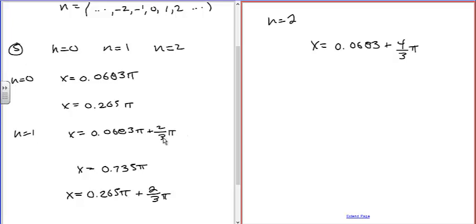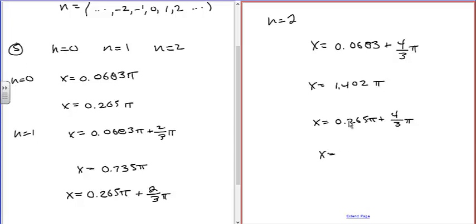Because here it was 1 times 2/3, now it's 2 times 2/3, which is 4/3. That's 1.333, so if you take 0.0683 plus 1.333333, you get 1.402 pi. And then you take the second solution, which is 0.265 pi plus 4/3 pi.